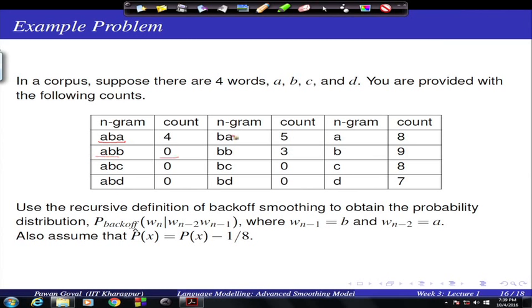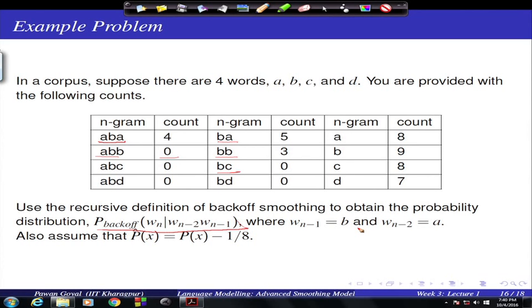Similarly, A occurs after B 5 times, B occurs after B 3 times, C occurs after B 0 times. Also the individual words: A occurs 8 times, B occurs 9 times, C occurs 8 times, D occurs 7 times. Given this data, you are asked to compute the Backoff probability model of wn given wn-2 wn-1, where the previous word is B and the previous to previous word is A.